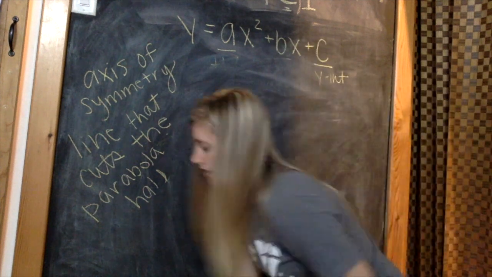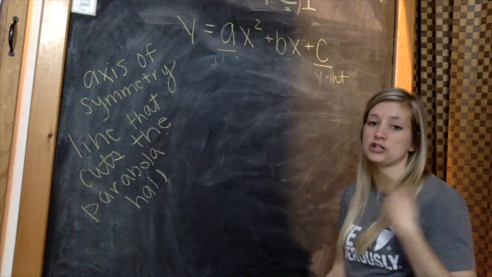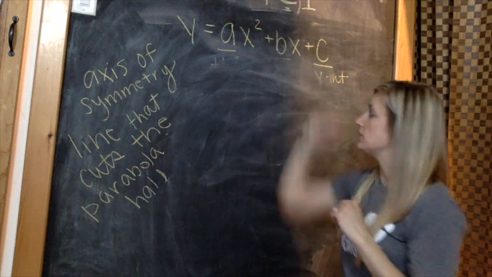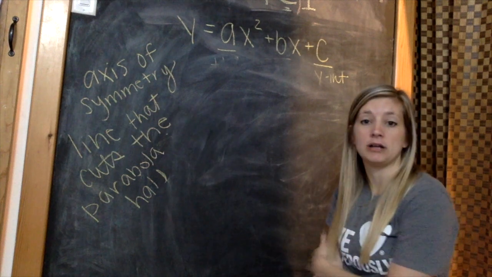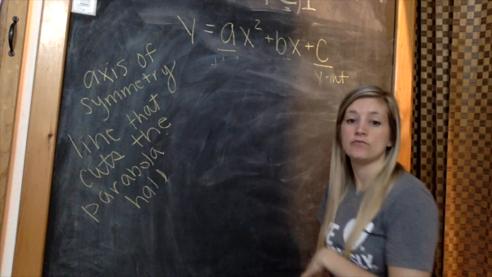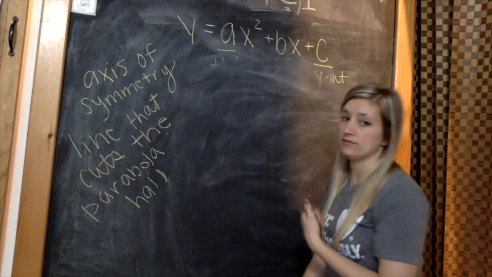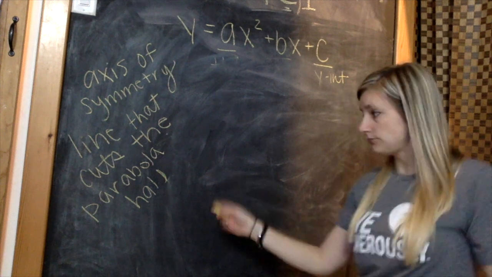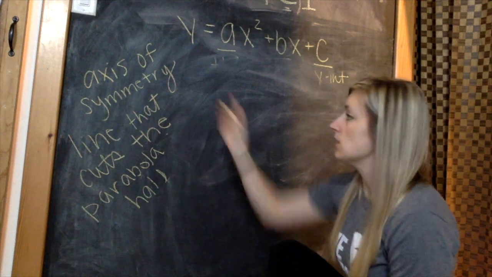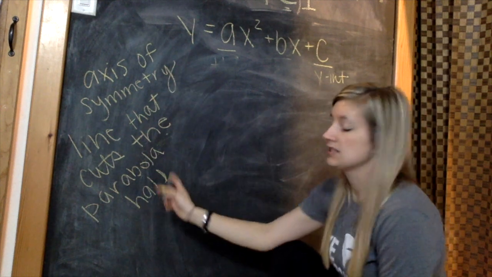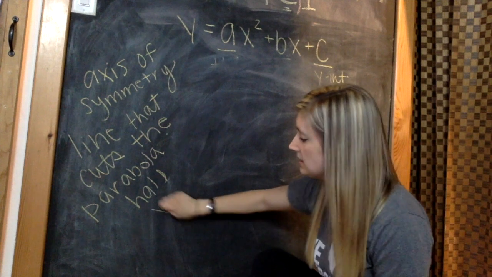Even though we are not given a picture anymore and we're just given an equation, it holds true that it's still the line that cuts the parabola in half. The difference is we can't visually see the line, we have to find it. Just like before we had 2 definitions, we're going to have 2 definitions now. The axis of symmetry is the line that cuts the parabola in half, so it's an x equals line.